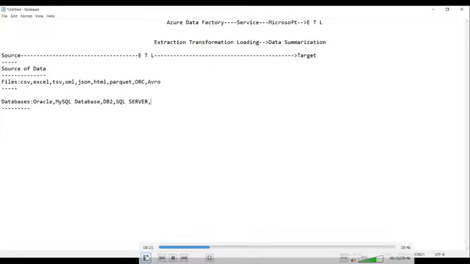Cosmos DB is basically cloud based. And also Snowflake. All these are the databases we can have.